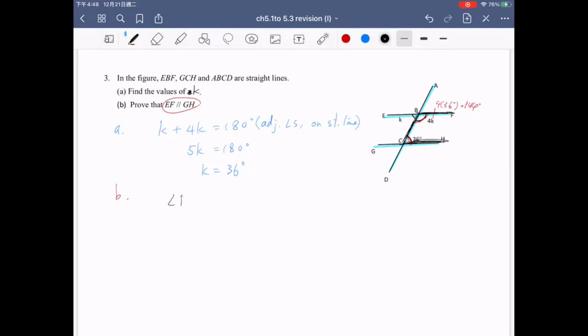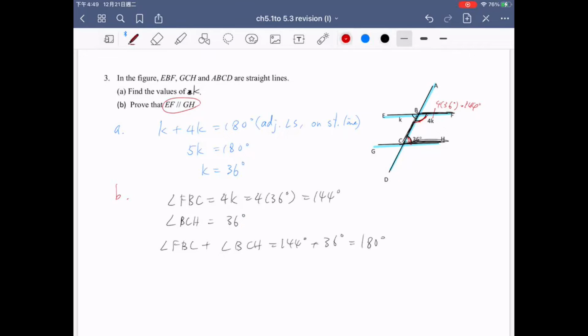angle FBC is 4k, which is 4 times 36 degrees, 144. And angle BCH, 36 degrees. So we say angle FBC plus angle BCH is 144 plus 36 degrees, 180 degrees.